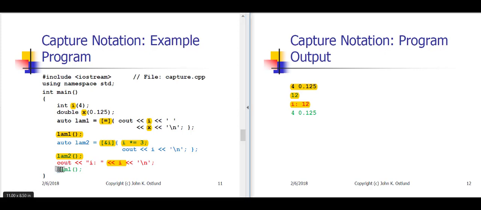However, that doesn't affect what's going on in the lambda definition where I captured i by value, because when I captured i by value, the value I captured for i at that time was 4. So when I call lam1 again, I still get 4 for the value of i at the time that lam1 was defined, and 0.125 is the value of x.